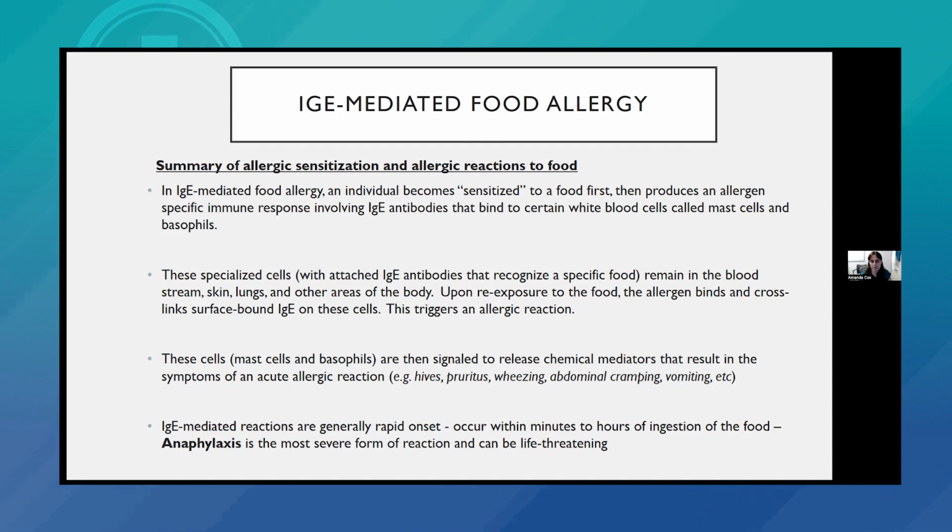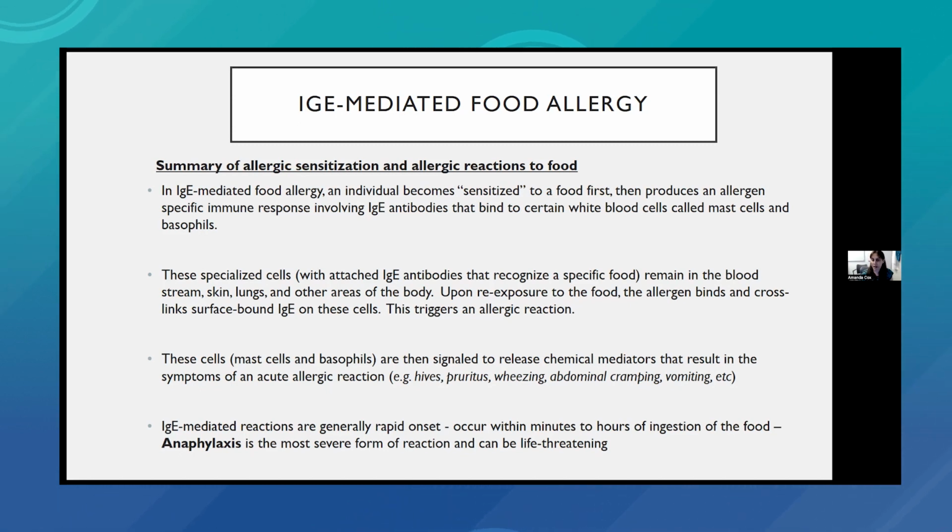Once they're sensitized, meaning they have those cells ready to go, when they're re-exposed to the food, the allergen itself binds and cross-links the IgE on the cells. I'm sorry, I don't have a picture to show you this. It might help, but basically those cells have little IgEs on them. When the allergen meets that IgE molecule, it triggers an allergic reaction.